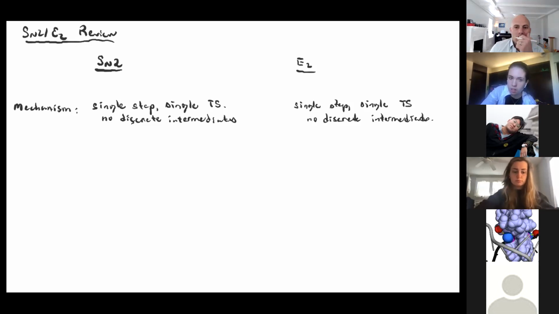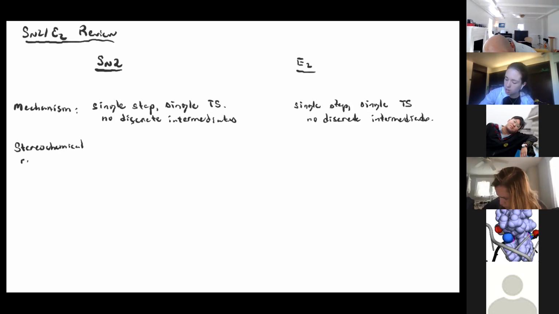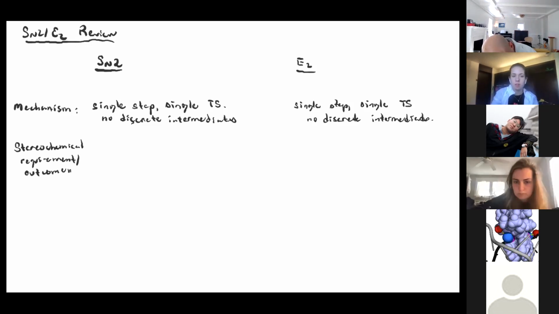And then both of these reactions had a distinct stereoelectronic requirement, right? Does anyone want to fill in the blank here for SN2?